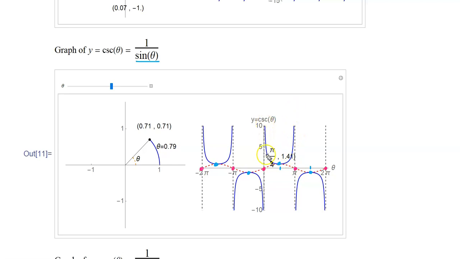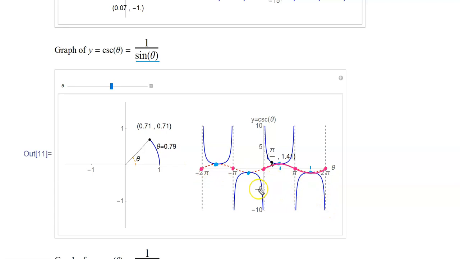So here we have one piece of our cosecant function. It corresponds to this piece of our sine graph right here. And then we have another piece of our sine graph right over here, dips down like that and comes up. And that creates this piece of our cosecant function.